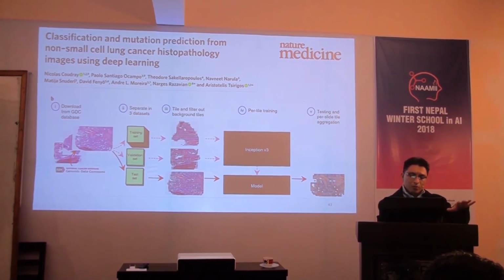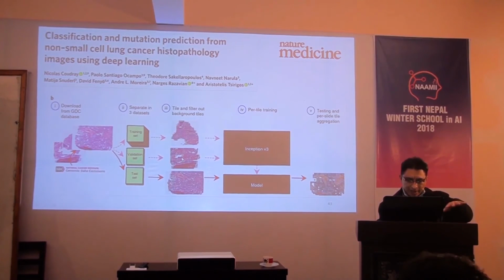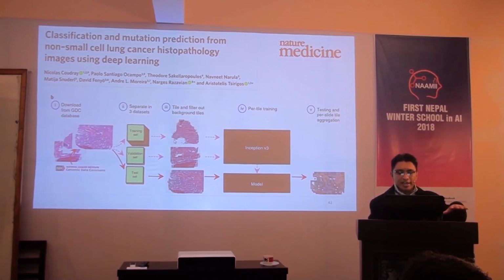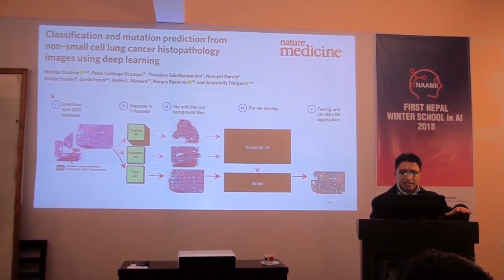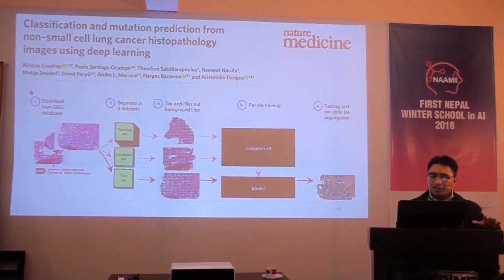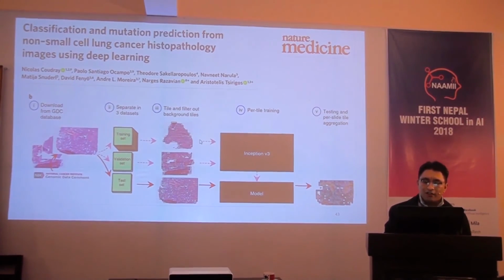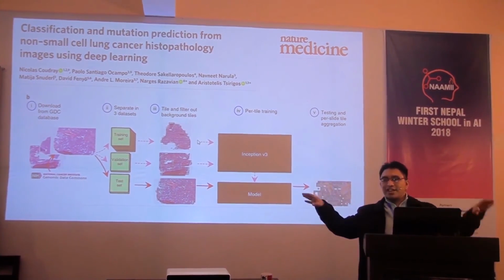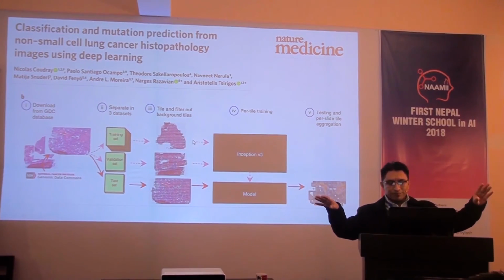So after they split this data into a training set, validation set, and test set, they try to infer their model of how to distinguish between two different cancer types at a time.